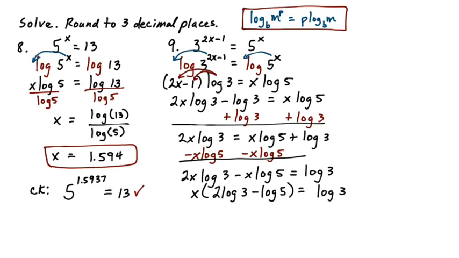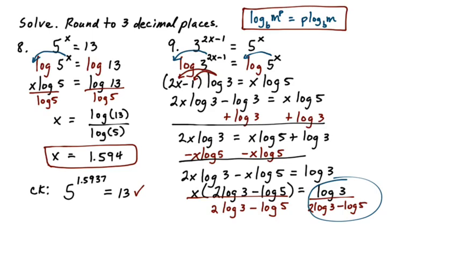So finally, we're able to get x by itself. We're going to divide by this binomial here, since it's multiplied times x, and we'll do it on both sides. Now I know this looks kind of complicated, but it's not too bad to put into the calculator and get a decimal answer.